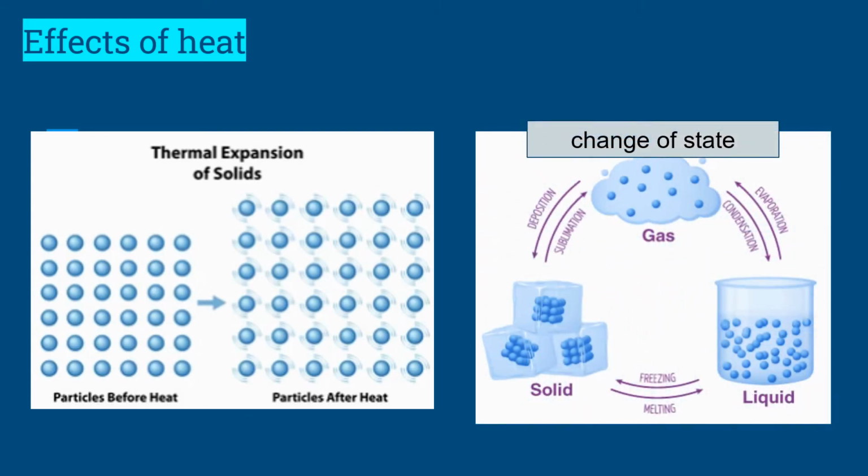We have three states of matter: solid, liquid and gas. Change of state means when you have ice, you apply heat, it changes into liquid, and when you apply heat to liquid or you put in more heat, it changes into gas. So adding heat or removing heat will change the state of substances.